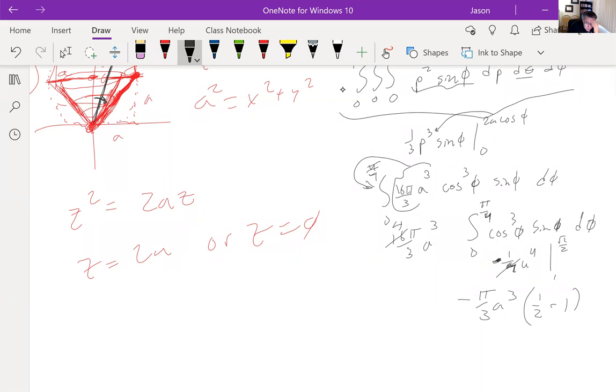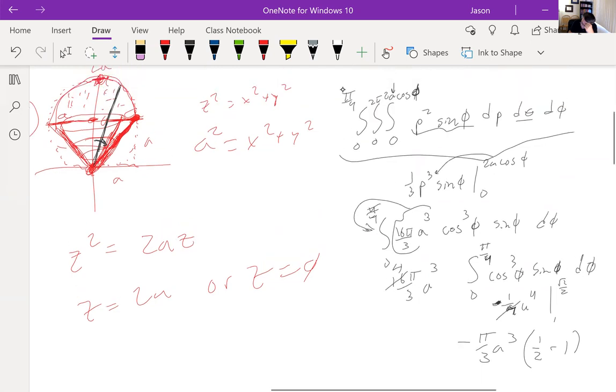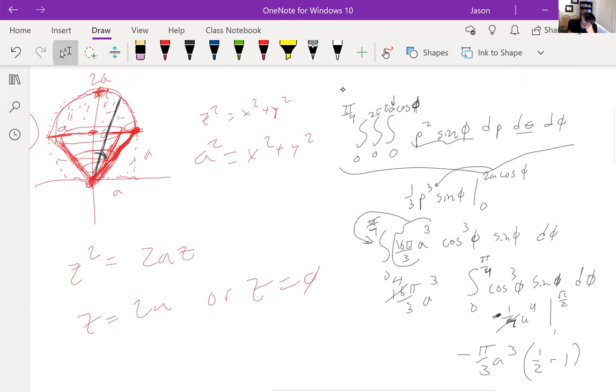So that's 1/6. Let me go back here. What did I do wrong here?